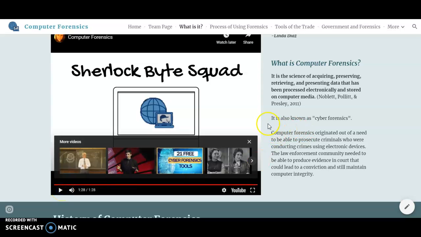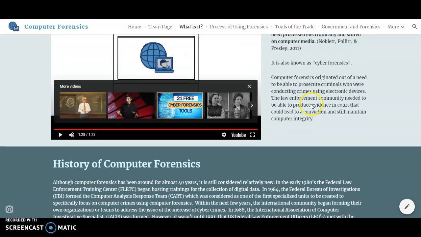Okay, so that is just a little overview about computer forensics. It gave you a little bit about the history, but the real reason why it came about was because of a need to actually catch criminals that were committing computer crimes.